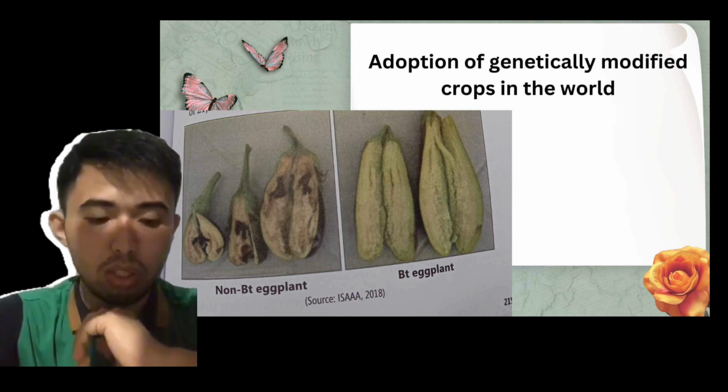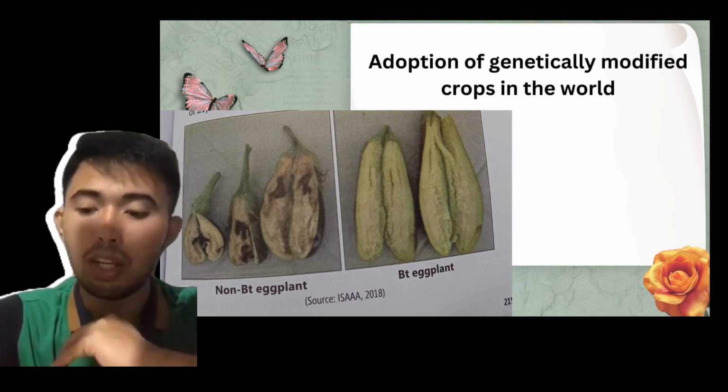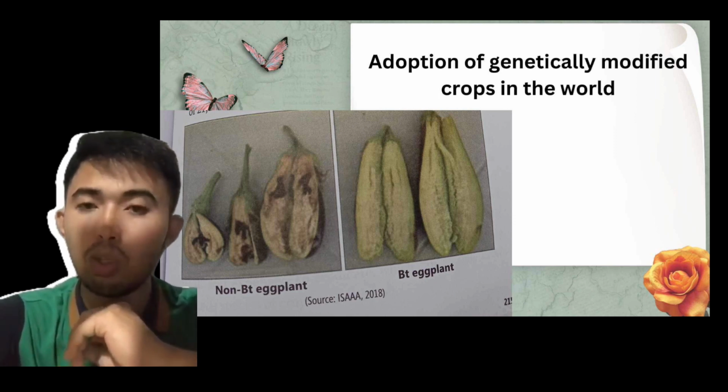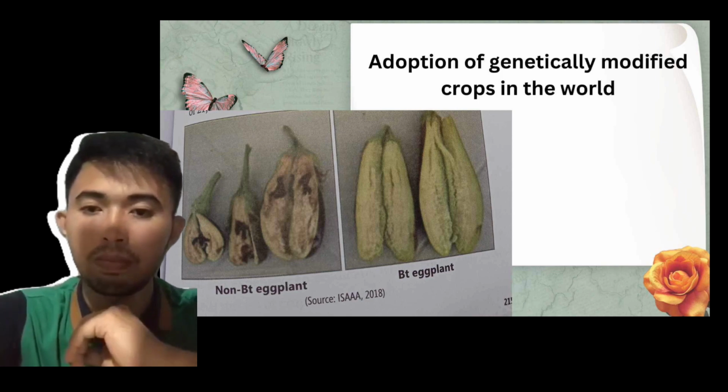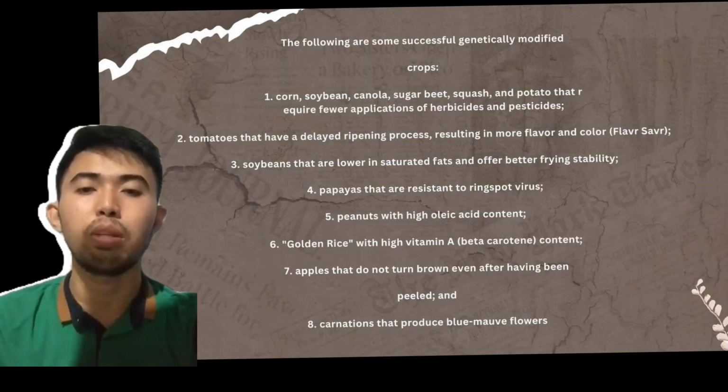When Bt genes are introduced into plants, they produce proteins that are toxic to the pest but harmless to humans and animals. The following are some successful genetically modified crops.